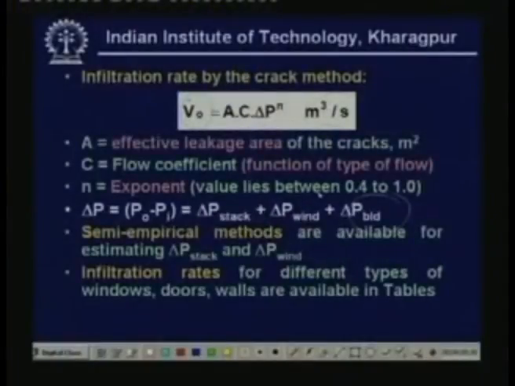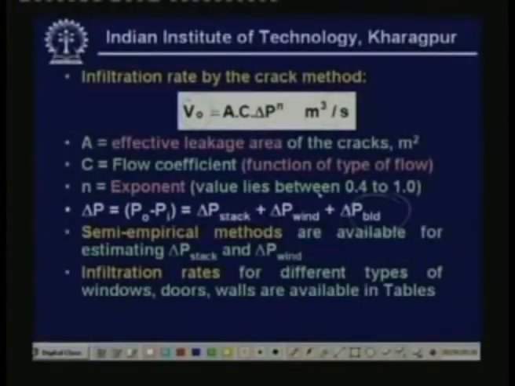So the total pressure difference between the conditioned space and the outdoors is a summation of the pressure difference due to stack effect, the pressure difference due to wind effect, plus building pressurization. Semi-empirical methods are available for estimating delta P stack and delta P wind.